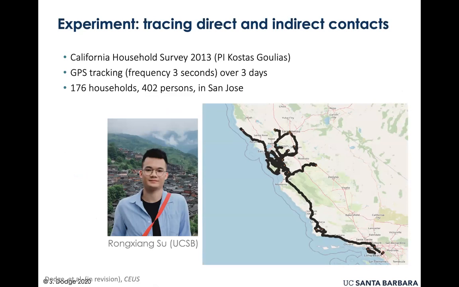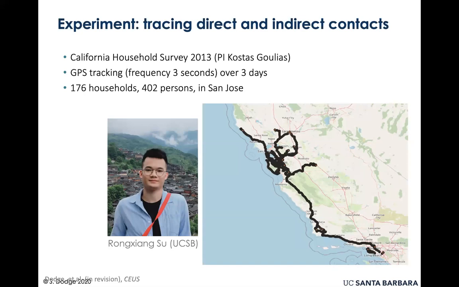So I was lucky enough to have Rongshan here at UCSB to help me with the analysis of about 400 individuals that were collected using GPS tracking data with a frequency of 3 seconds over 3 days through the California Household Survey in 2013. We used that as a sample of cases to show whether this algorithm works or not.